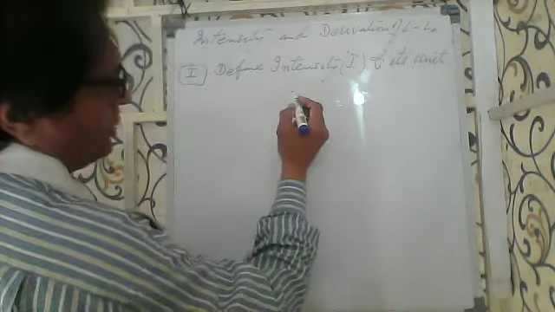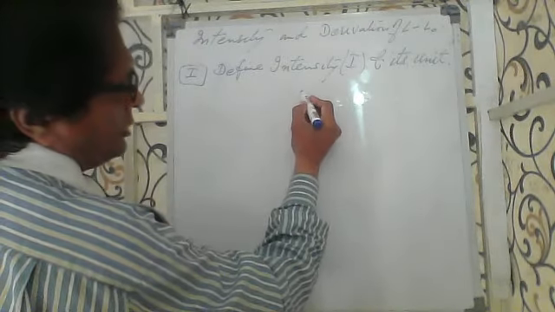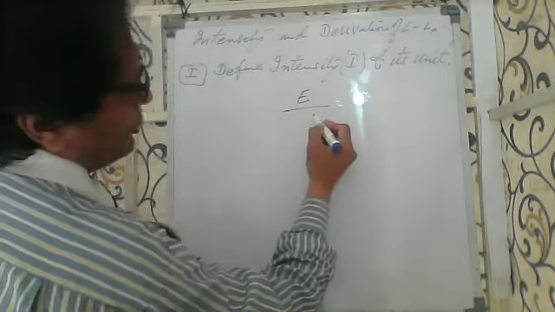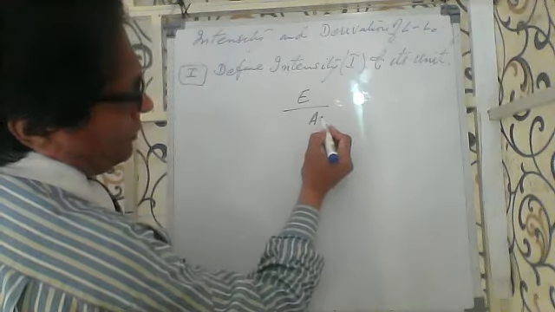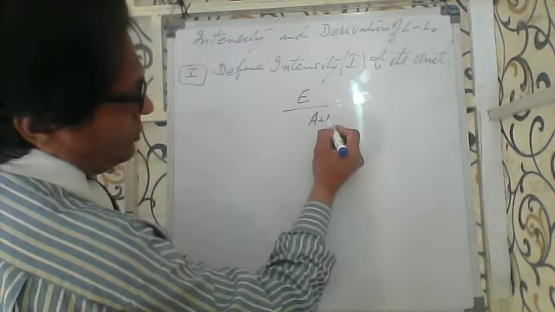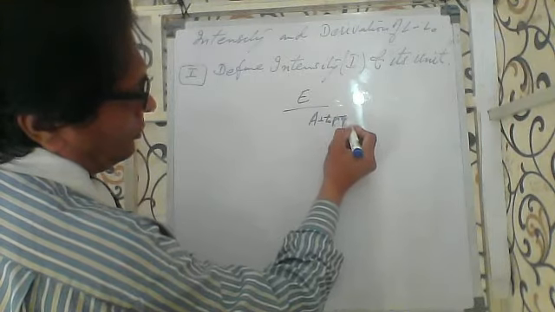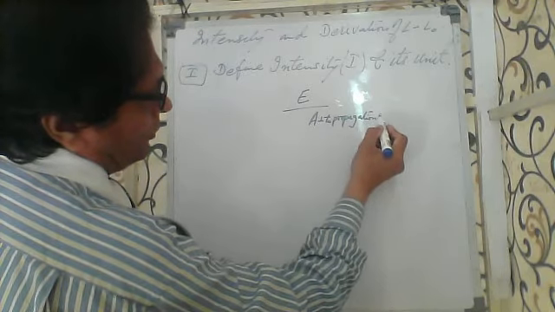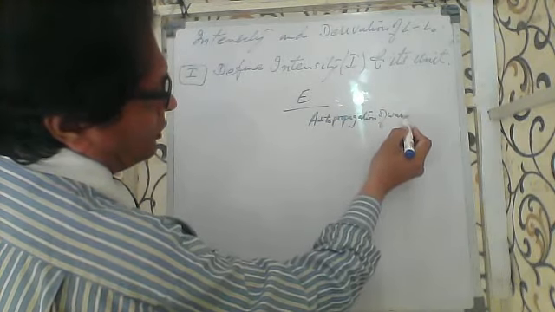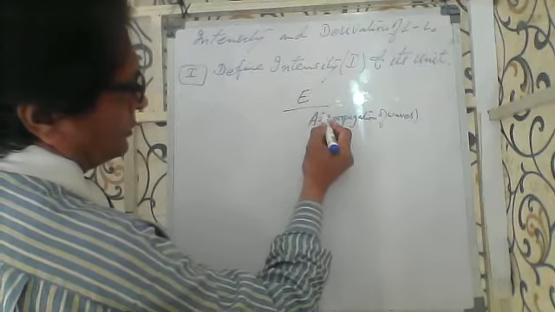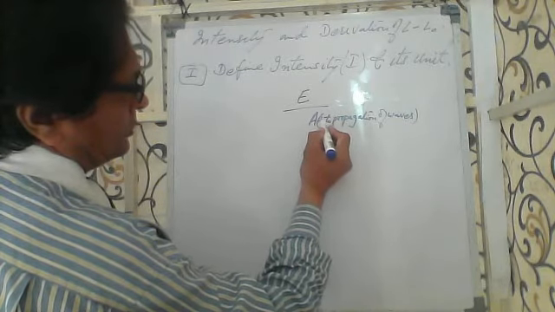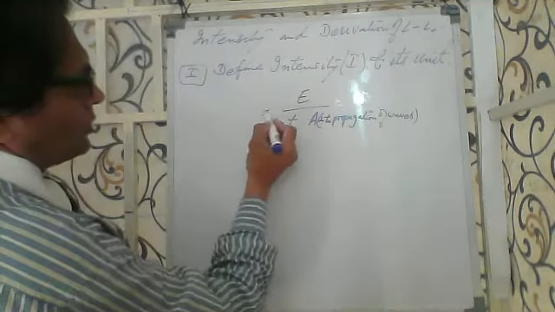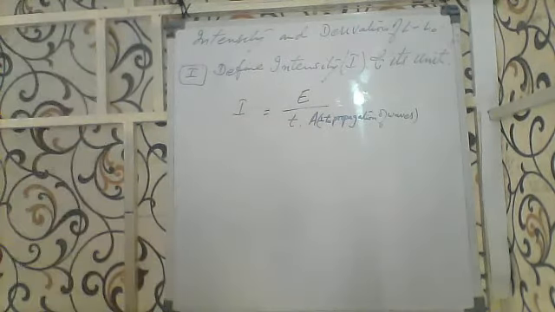Basically, intensity is energy per unit area which is perpendicular to the propagation of sound waves, per unit time. This is the definition of intensity.